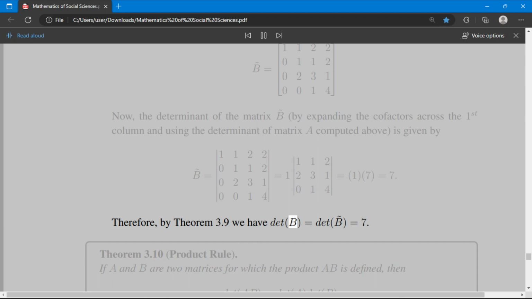Therefore, by Theorem 3.9 we have det B equals 7.